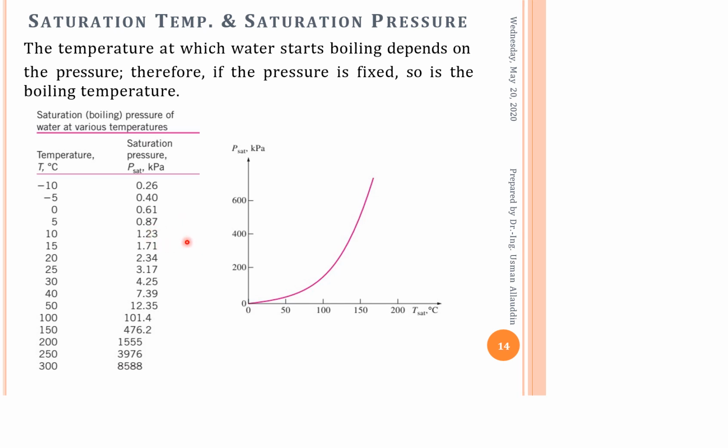So this is how saturated temperature or saturated pressure is found. Here we have a pressure versus temperature diagram. Here we can see that when we are increasing our temperature, our pressure is also increasing.